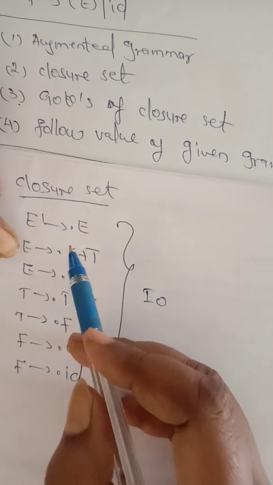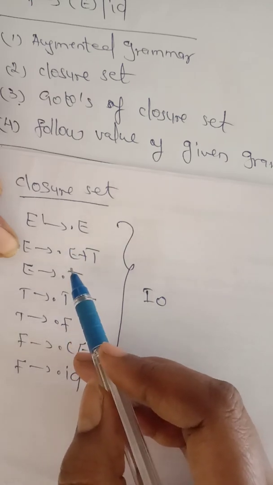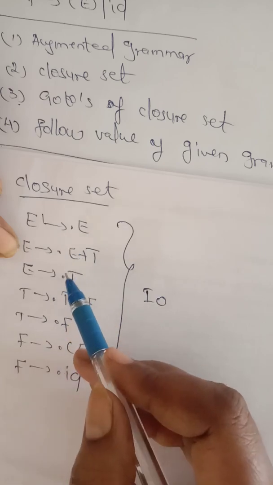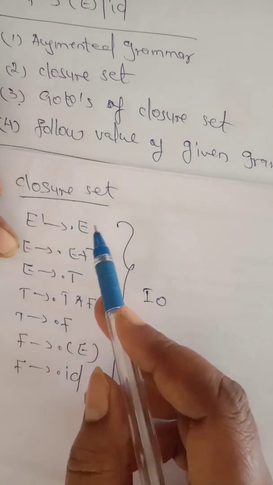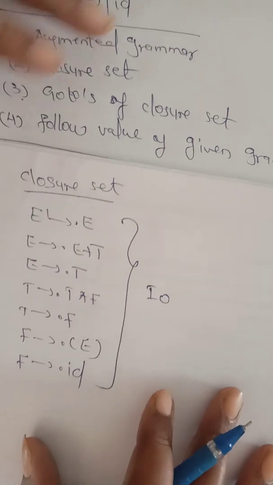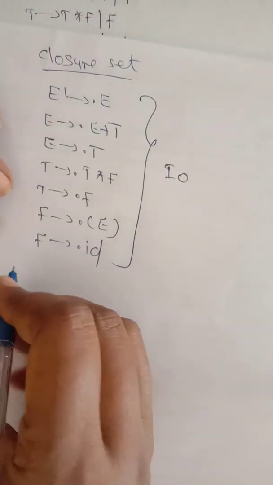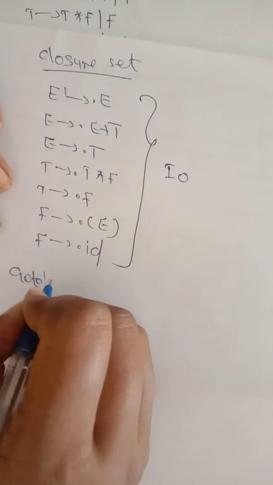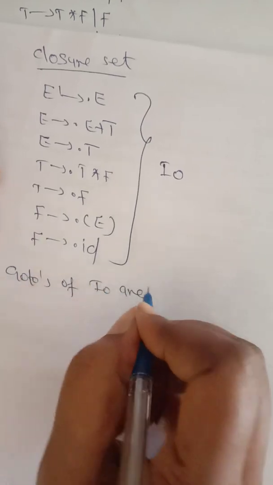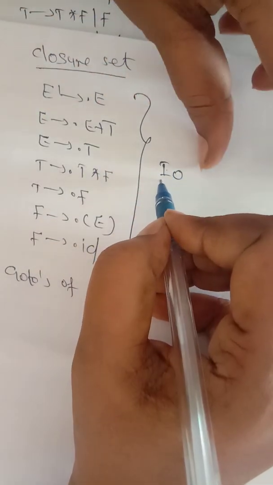So what all the variables and terminals come immediately after the dot operator, those are acting as go-tos of that particular set. So here, the go-tos of I naught. This is the set I naught.